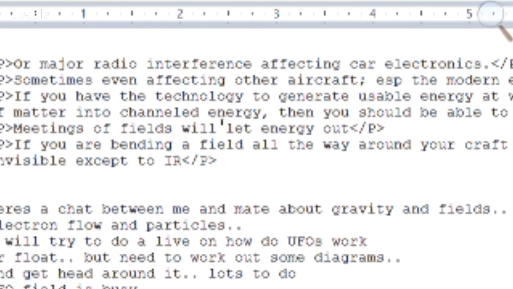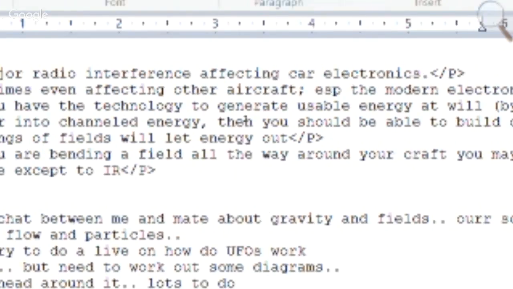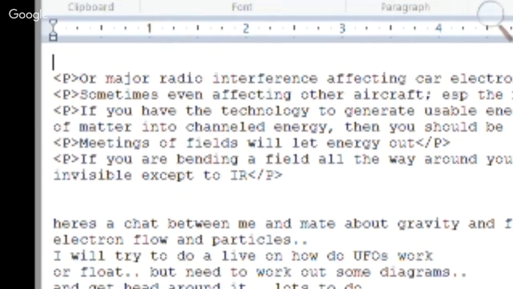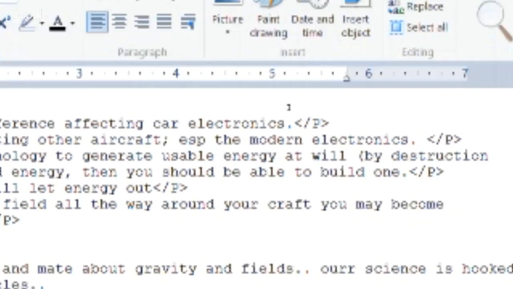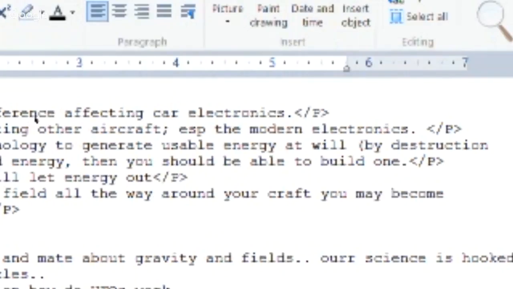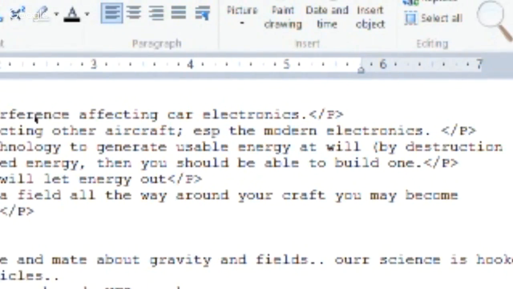If you have the technology to generate usable energy at will by destruction of matter into channeled energy, so he's talking about probably fusion power, maybe. Now Tesla was trying to get wireless power, so you didn't have to have onboard batteries or some sort of way of generating it.